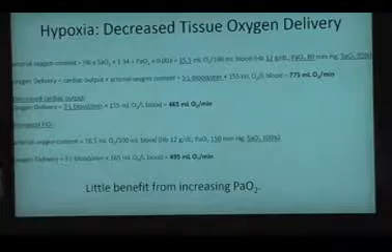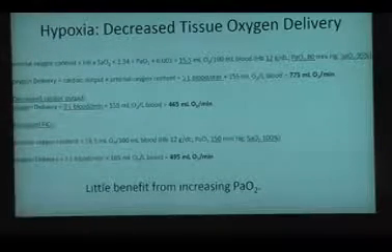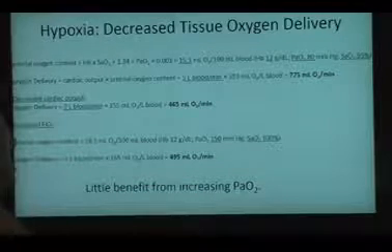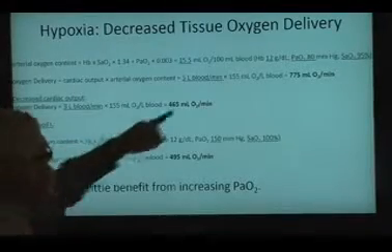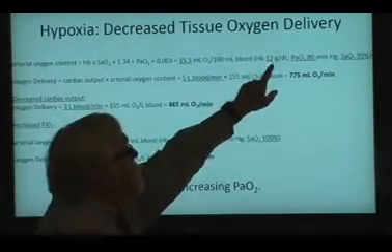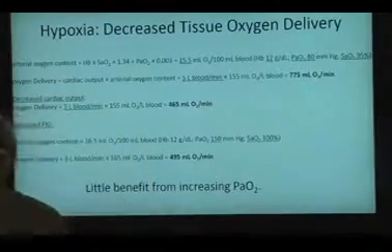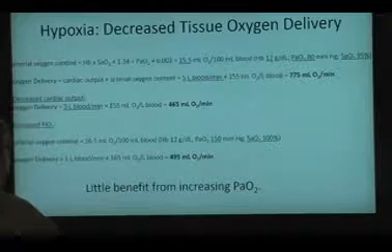Okay, so because Kevin asked that I put in this slide, I'm happy to oblige. So imagine that our patient has a hemoglobin of 12 and a PO2 of 80 and an oxygen saturation of 95%. So that's typical of what we might see in our patient.